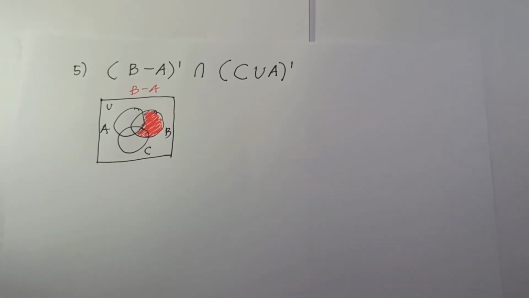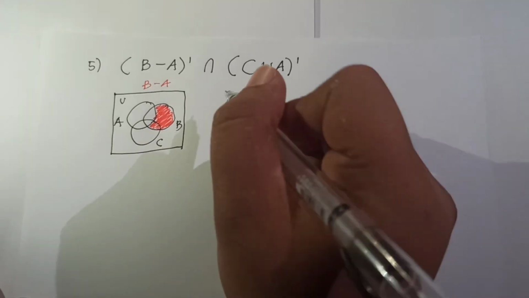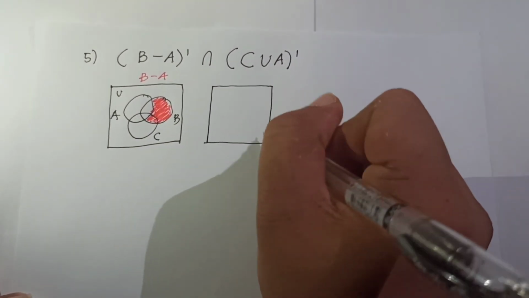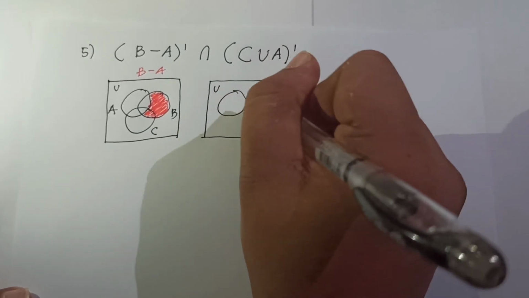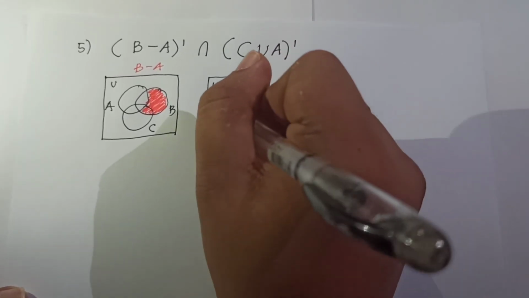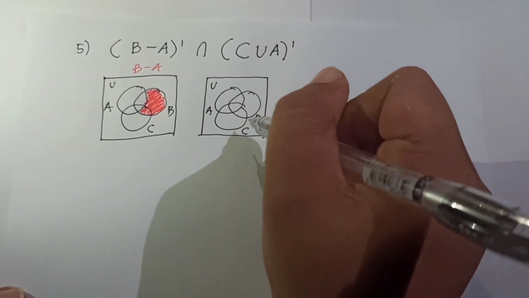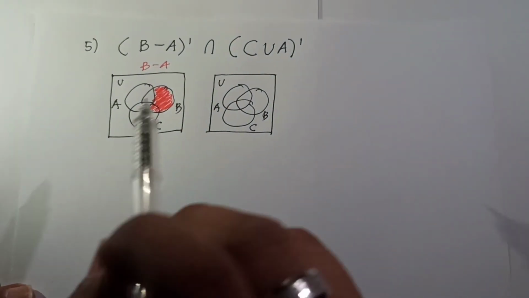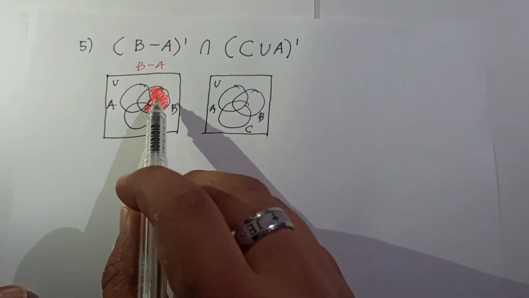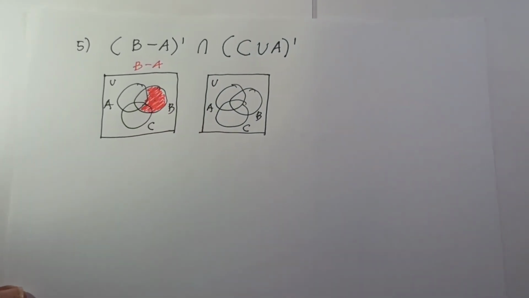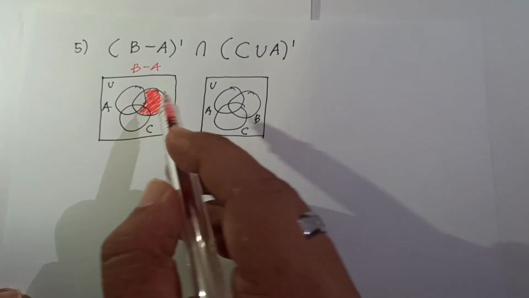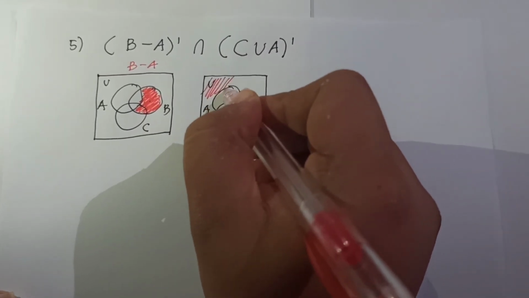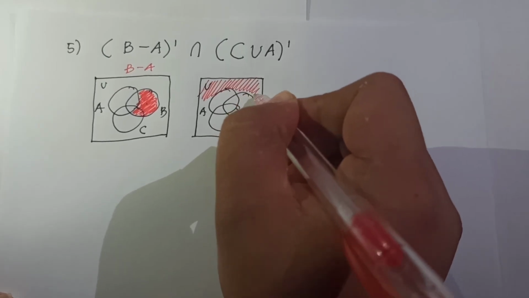Next we have B minus A prime. Okay. So in this case, this is our U. Okay, A, B, and C. So B minus A prime. So what is not shaded? So the outside is shaded because this is included in the prime.